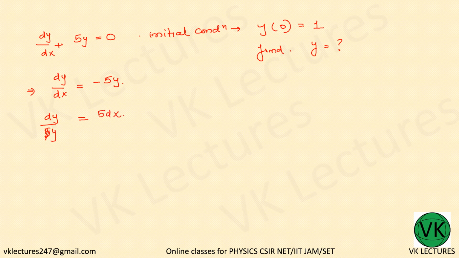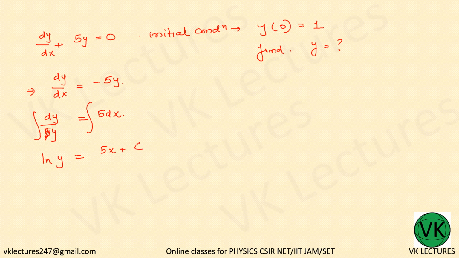This will also do. Okay, so dy by y equal to 5 dx. Now we have separated the variables. Now integrate. So this is log y, equal to 5x plus some constant c.